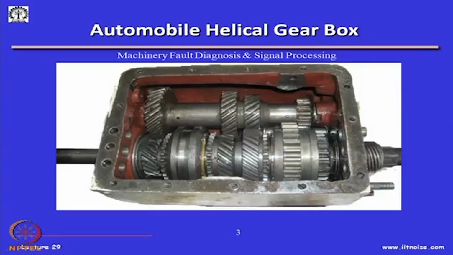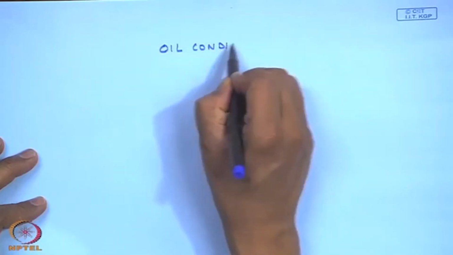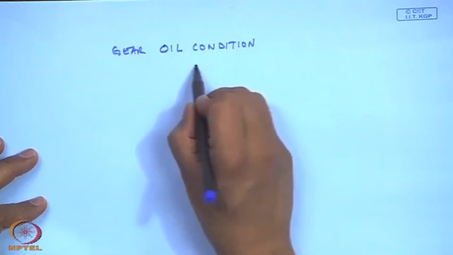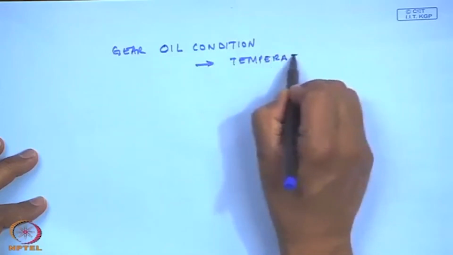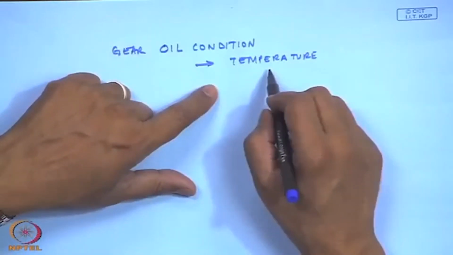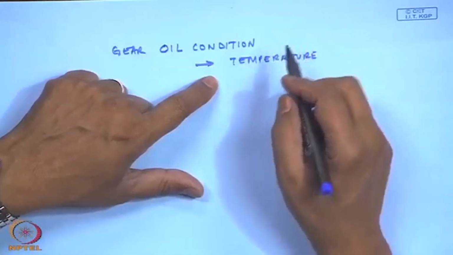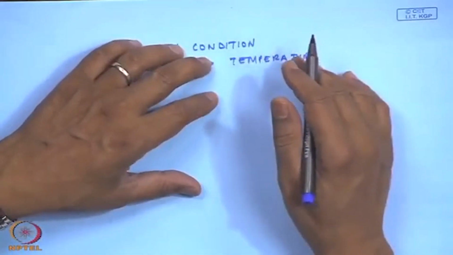And in many automobile gearboxes, or gearboxes per se, people also monitor the gear oil condition in terms of its temperature, because there should not be a case when the temperature of this oil has gone to a level where the physical and chemical properties of this lubricating oil are lost, the molecules, bonds, etc., break.